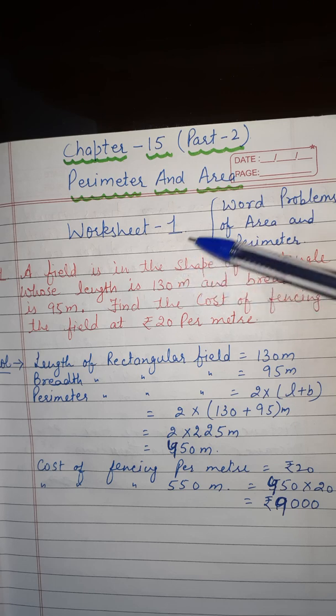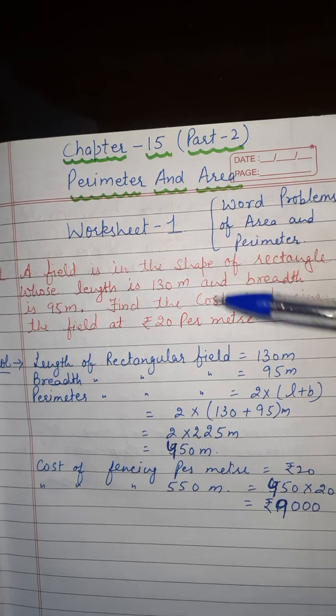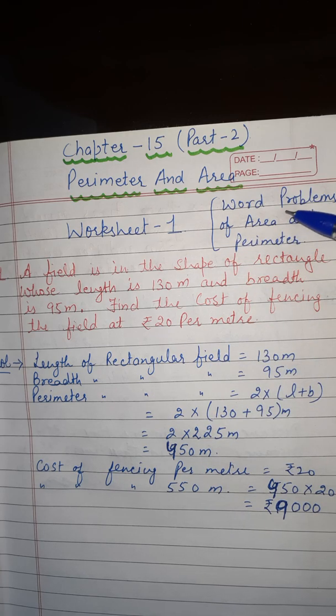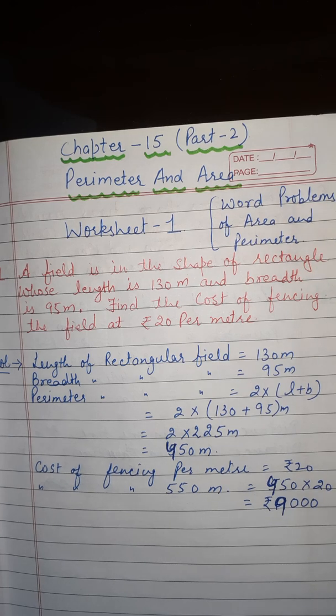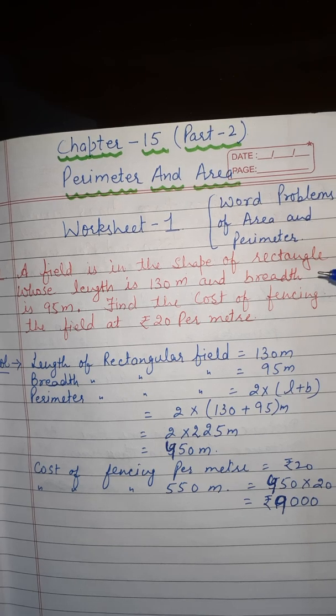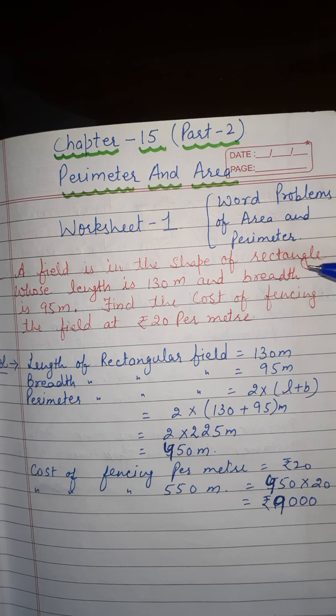So students, before doing the worksheet, keep one thing in mind: while solving word problems related to area and perimeter, whenever your working is on the boundary, then you have to find the perimeter, and whenever the working is on the surface, then you will find the area.